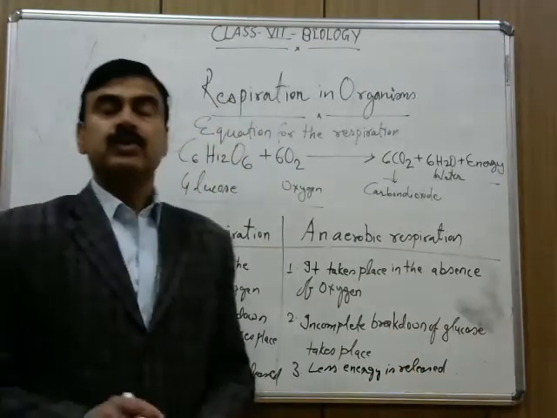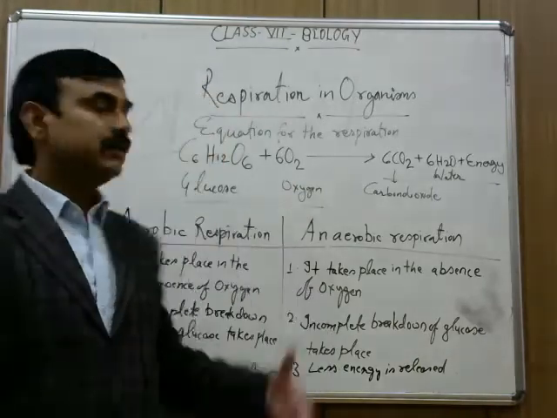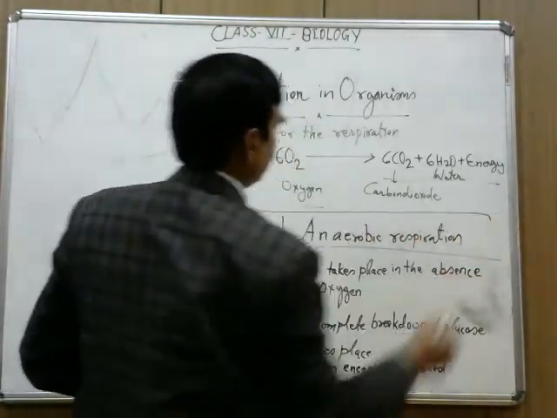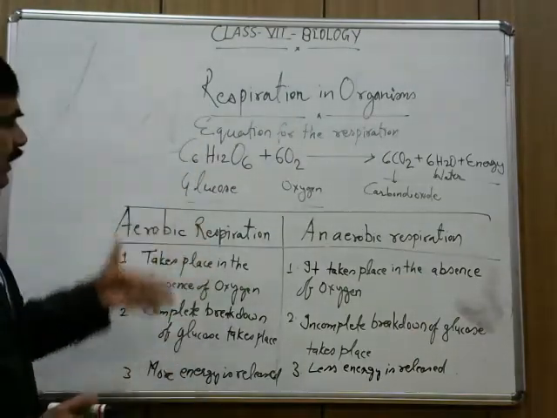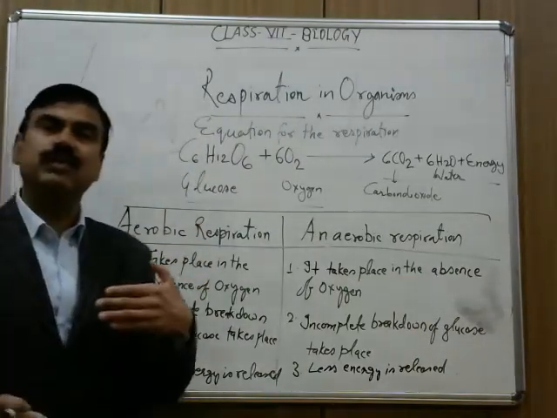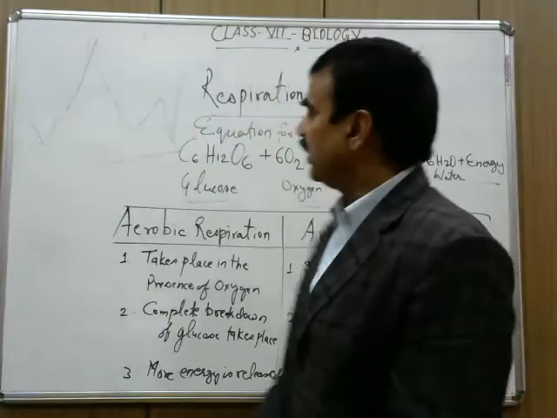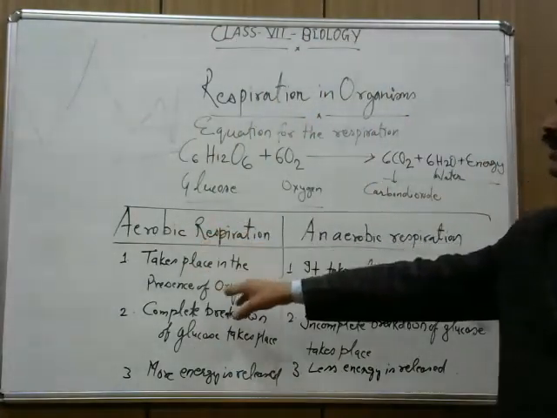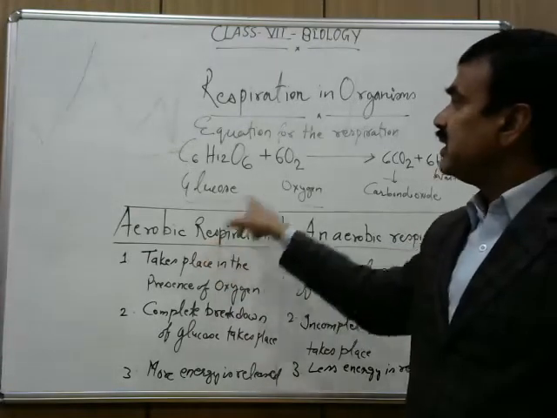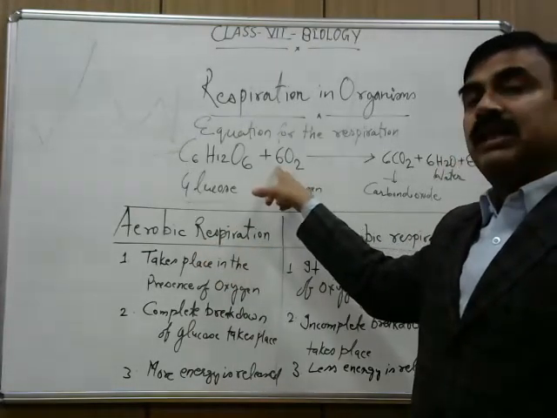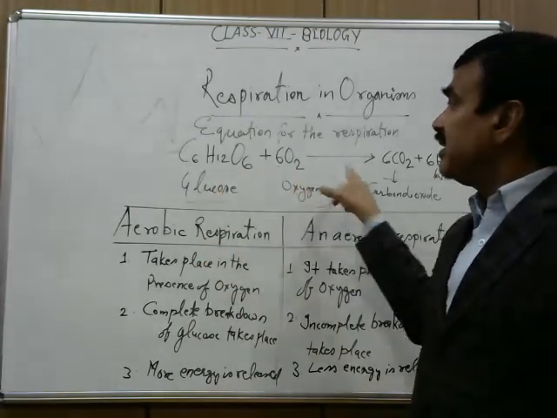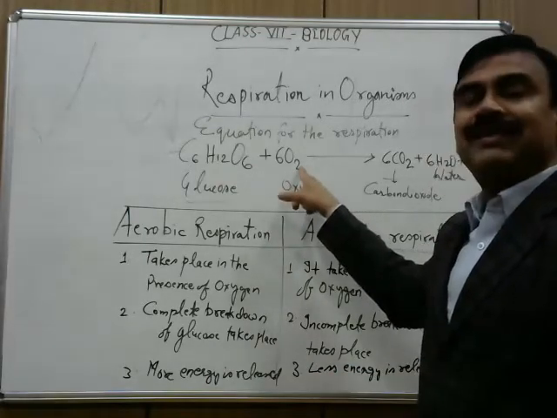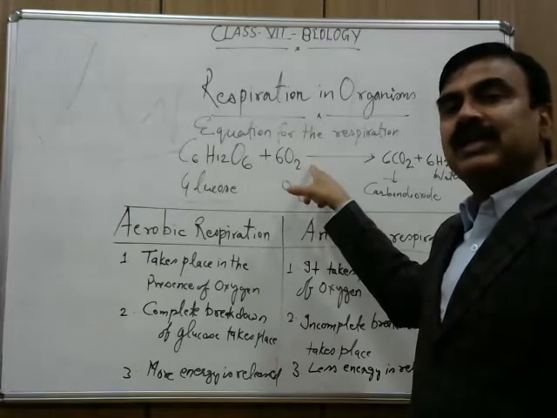Okay, so you have to see the difference table also for these. There would be 3 differences, 2 would be sufficient for you. If you want to write the difference between aerobic and anaerobic, you have to start that it takes place in the presence of oxygen. When the oxygen is present, it is aerobic respiration.